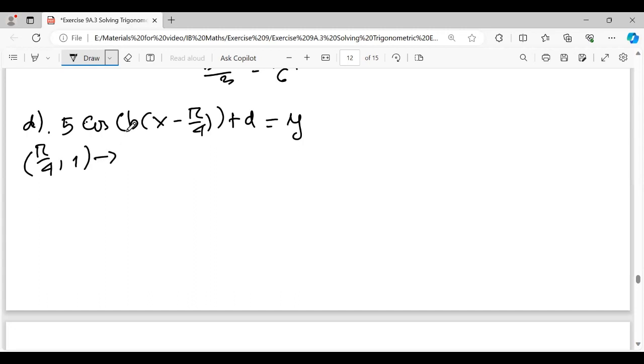This equation becomes 5 cosine b pi over 4 minus pi over 4 plus d equals 1.